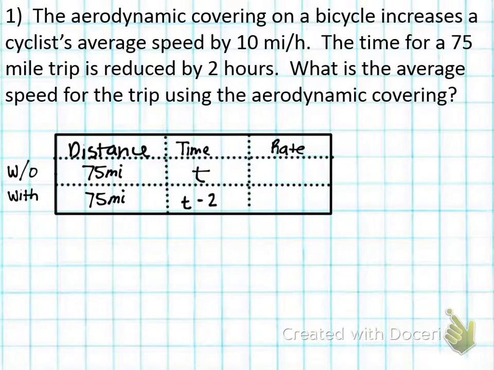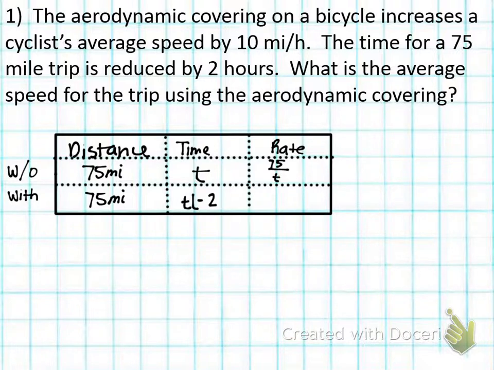Awesome. So I could find a rate. Remember, what is miles per hour? It's the distance someone went over the time. So what was the distance the person went without the covering? Well, they went 75 miles over a certain time. We don't know how many hours it was, but that's how long it took.